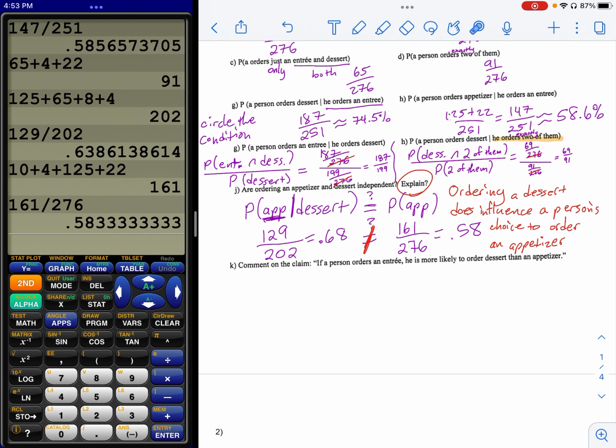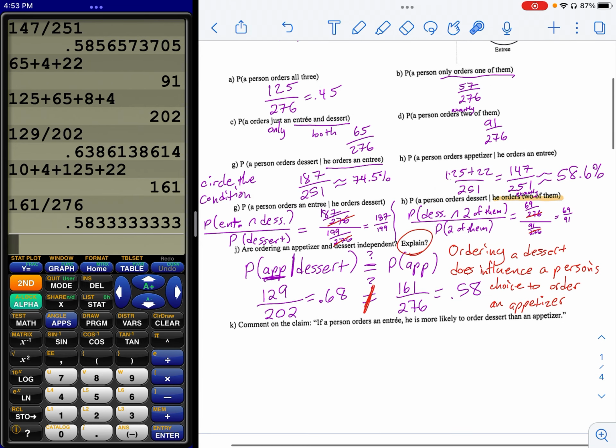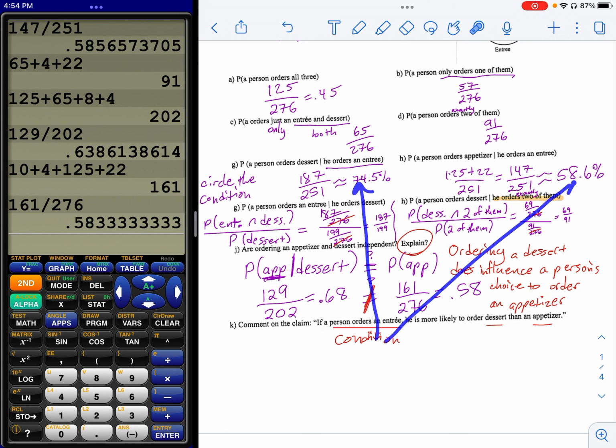Okay, comment on this claim. If a person orders an entree, he's more likely to order dessert than an appetizer. So my condition is ordering an entree. If that's the condition, are you more likely to get dessert than an appetizer? In fact, we have already done the work. Right here we did it, and right here we did it, because both of them have a condition of ordering an entree, and here's ordering a dessert, and here's ordering an appetizer.